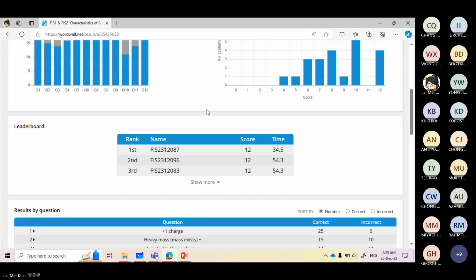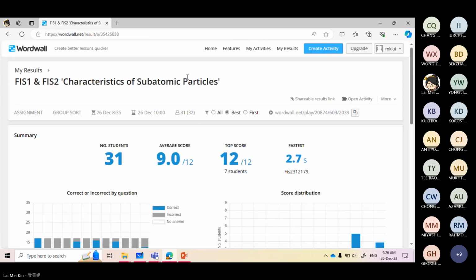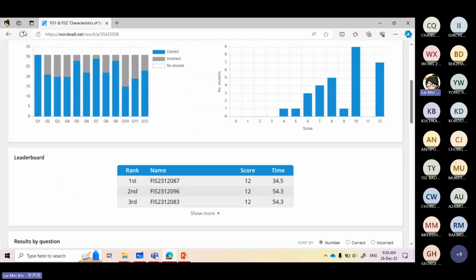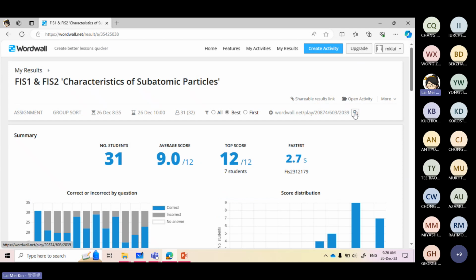Zero 087. Who is 087? Okay. 096. 083. Okay, still the same top 3. Just start. Have you tried to? You just key in this one, the ID. Key in the link.